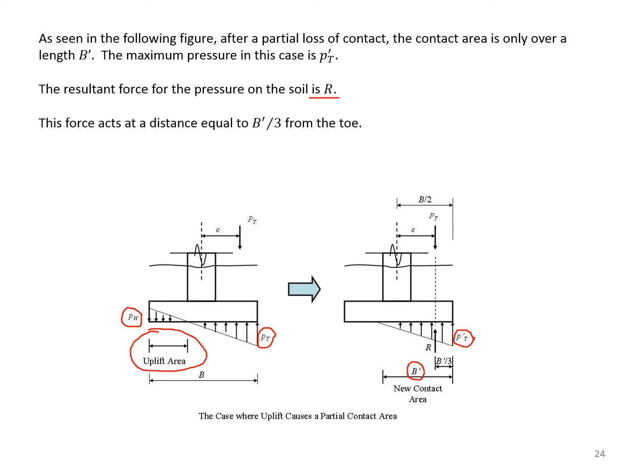R is the resultant of this triangular force, which is acting at a distance 1/3 from that point or 2/3 from that point. Therefore, by knowing that and lining up the force capital PT with R, we are able to find an equation for P prime T and an equation for B prime.